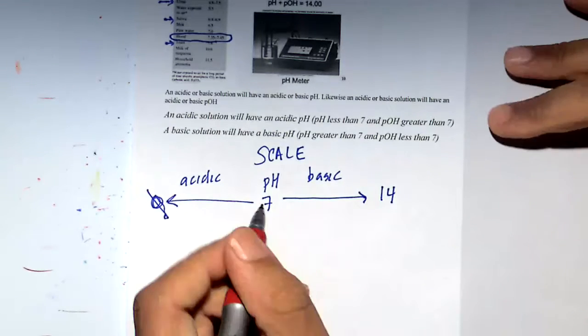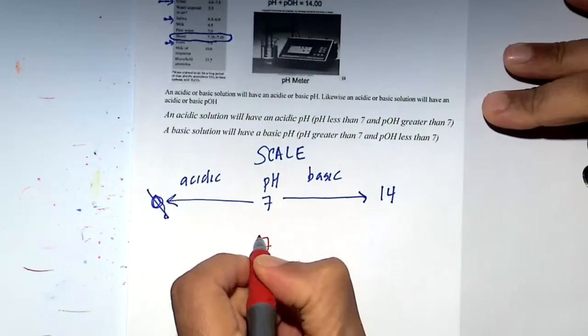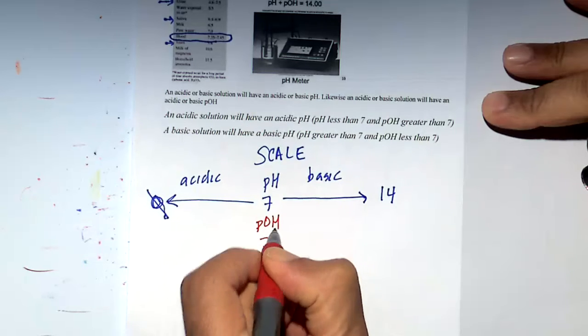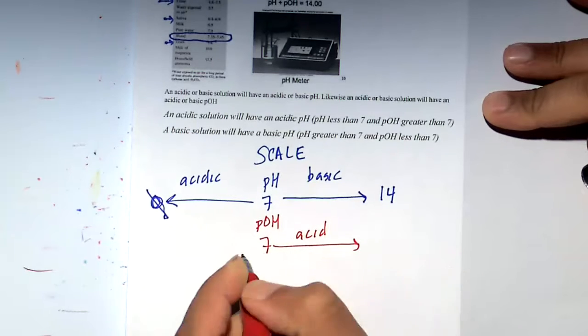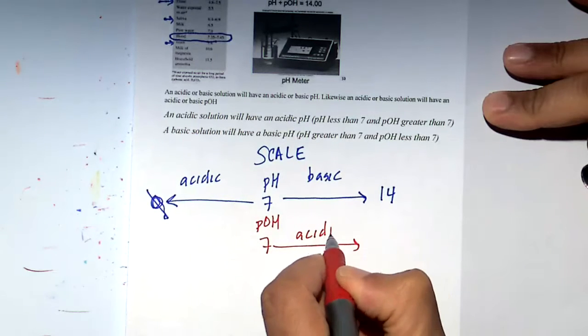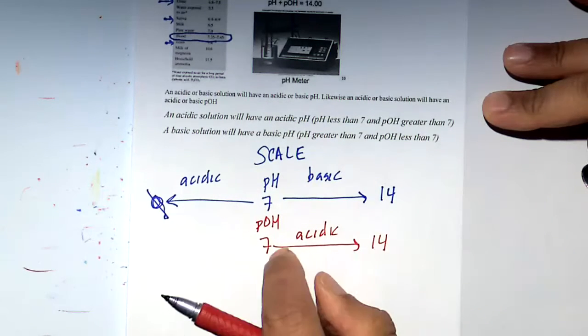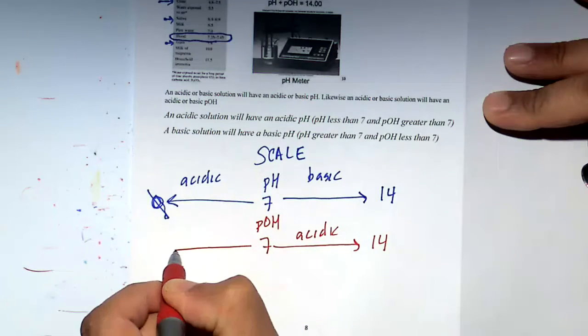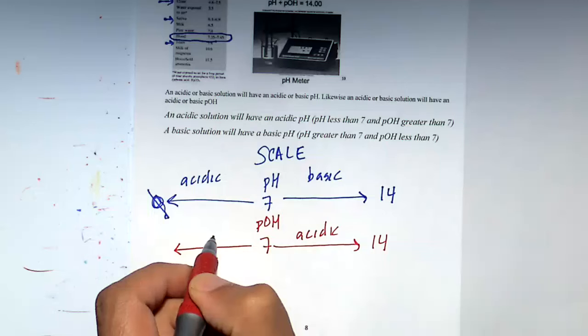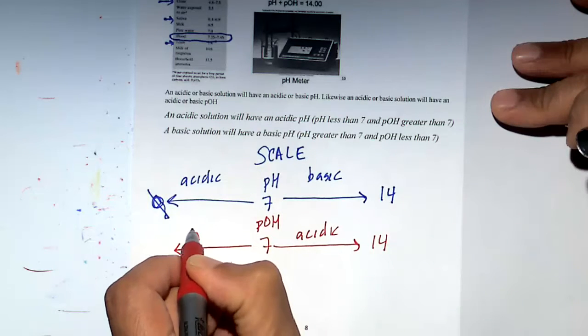Okay, there's also a pOH scale. Okay, it's the opposite. Okay, if your pOH is between 7 and 14, okay, pOH now, then you're acidic. If your pOH is below 7, pOH now, then you're basic.